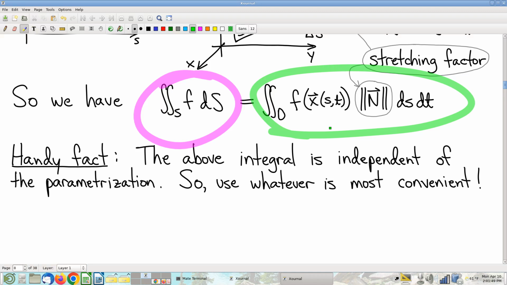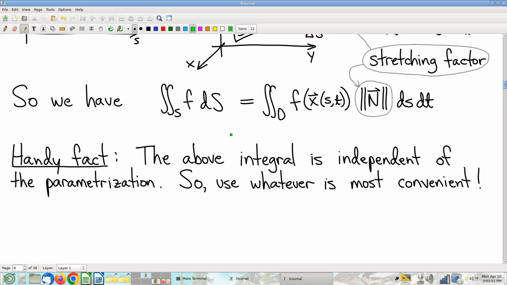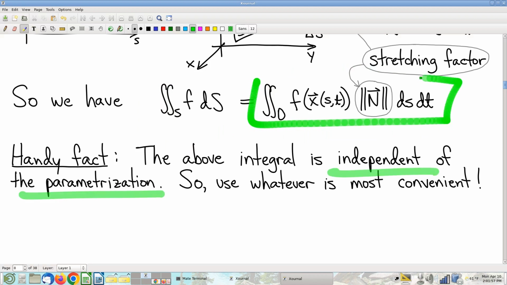Right? So good news, and we're not going to talk about the details up here, but this expression here is independent of the parameterization. Parameterize however you want. It won't make any difference. Now, this is a fact that the book spends some time developing. That's very appropriate for a class that's at a higher level than Math 219.